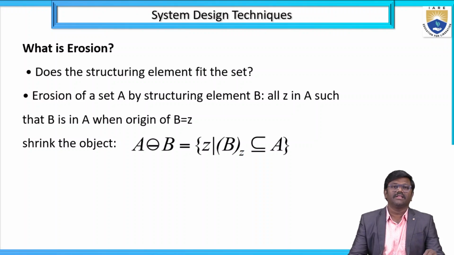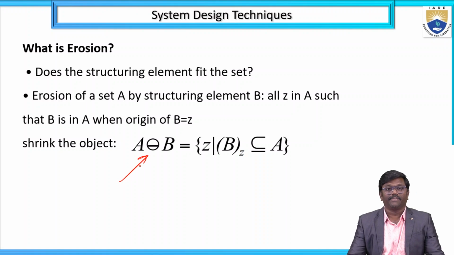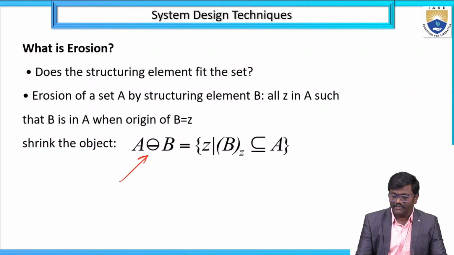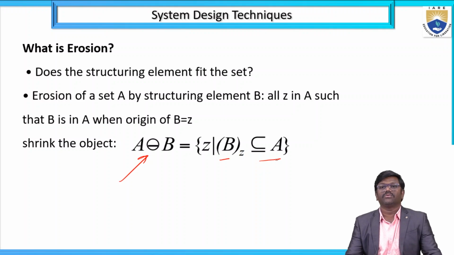That is shrinking the object by applying a morphological operation, the erosion operation, here between A and B. A and B are the structural elements. A is the set under the structural element. B is a subset of A. So z-based element B is a subset of A.